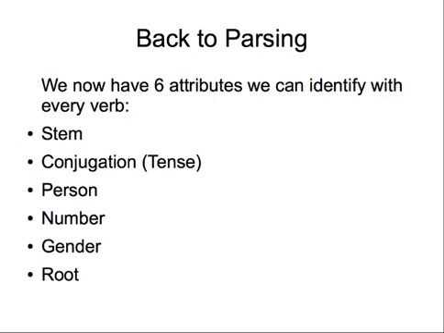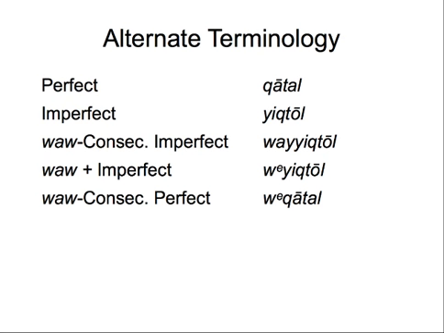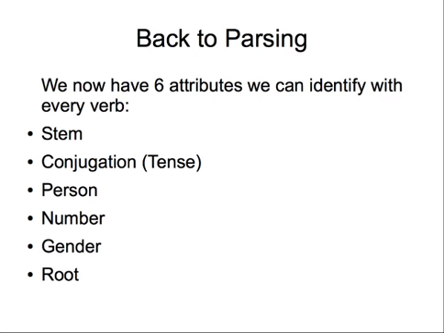Returning back to parsing, just because I want to give a little bit more information on this, letting you know what we know so far. We can parse any verb that comes across our plate now with the stem, with the conjugation, which these are our conjugations: perfect, imperfect, Waw consecutive imperfect, Waw plus imperfect, or Waw consecutive perfect. So we can parse them with stem. The only one we know now is Qal.